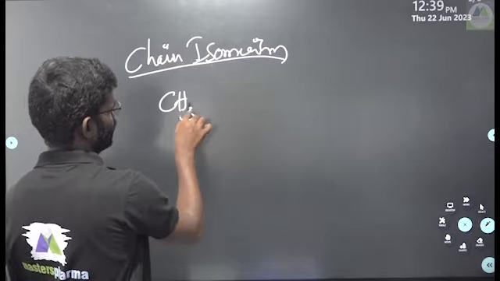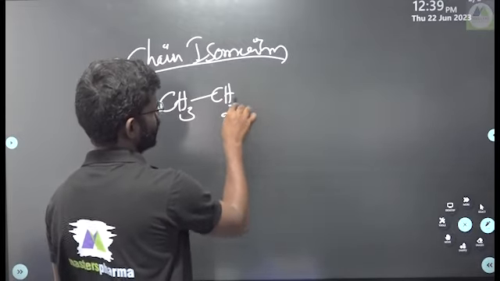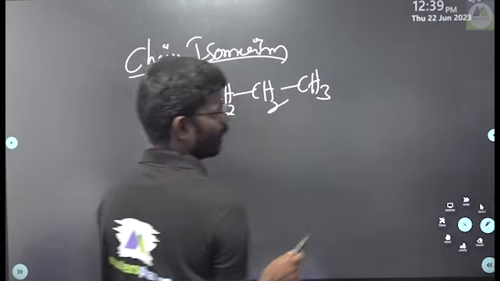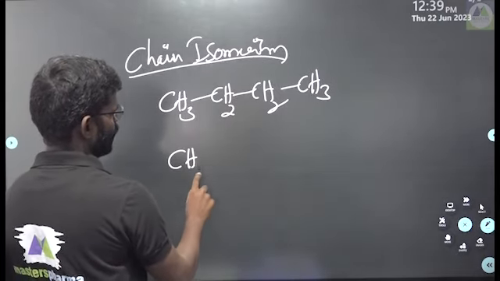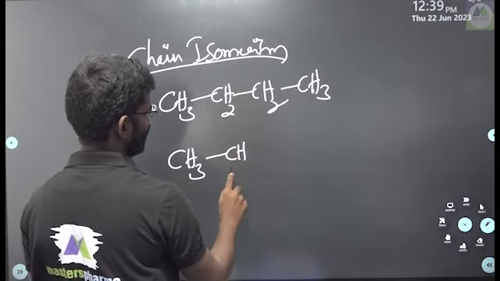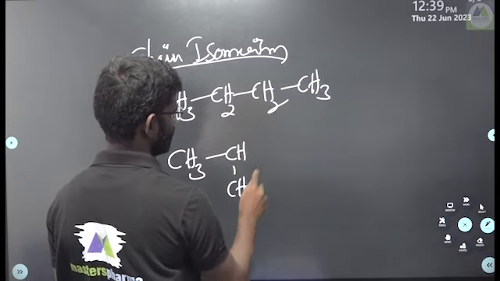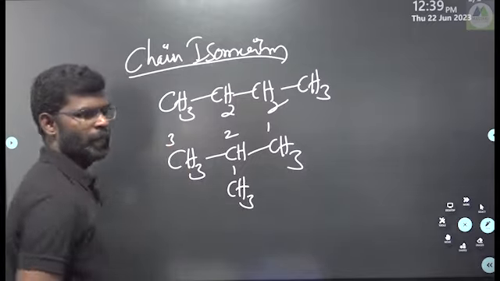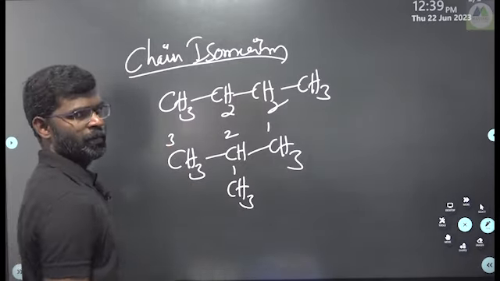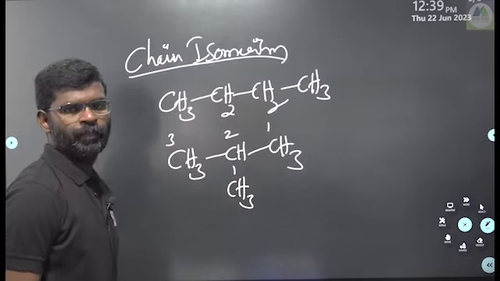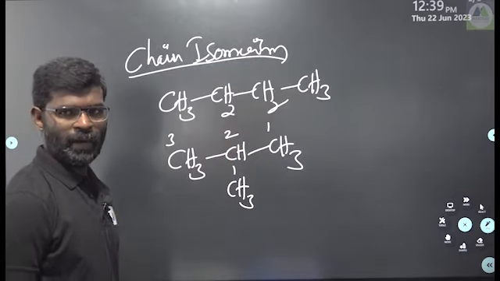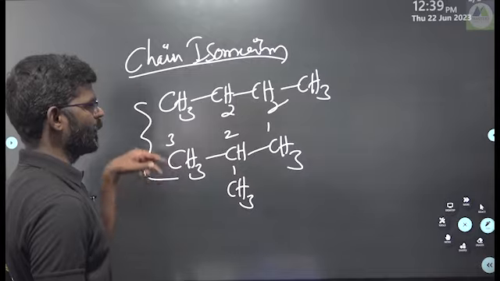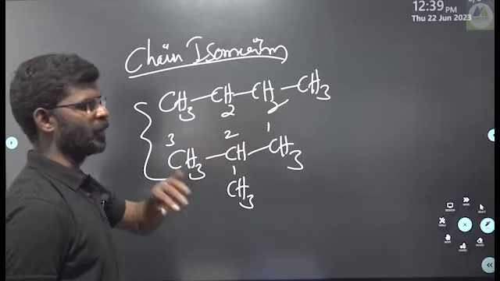See here: CH3, CH2, CH2, CH3 is called n-butane. Next, CH3, CH, CH3 and CH3 is 2-methylpropane. Both have the same number of carbons and hydrogens, but the chain length is different.